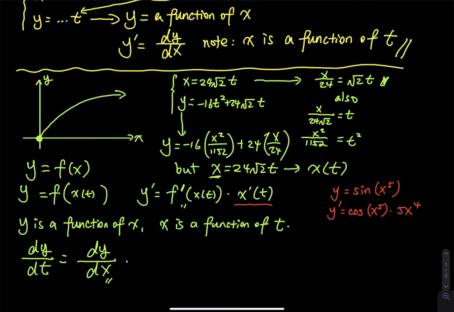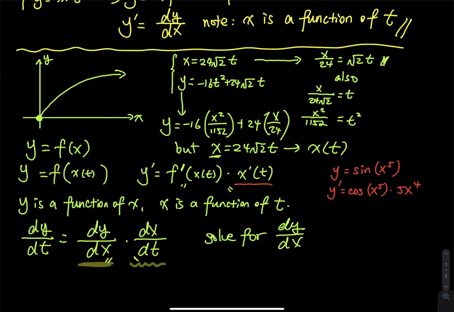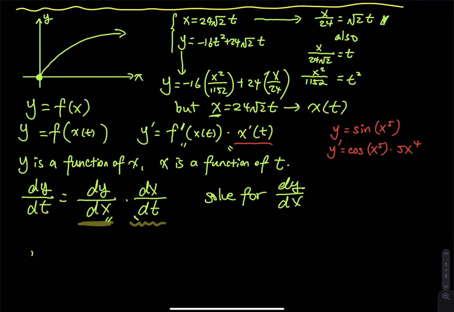So that will be dx with respect to dt. So this one is this piece. All right. And then I have to solve for dy/dx. Where is dy/dx? dy/dx is here, right? So solve for dy/dx. That means you have to divide both sides by dx/dt. So finally, we have dy/dx equals the left hand side divided by dx/dt, right? So we have dy/dt divided by dx/dt.